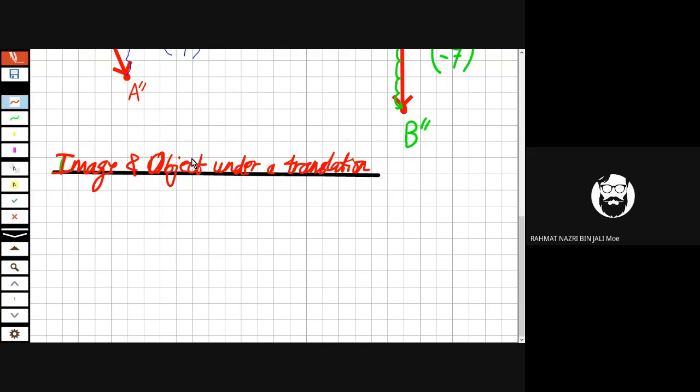Okay. In this topic, we can get the coordinates for the image. For example, this one.